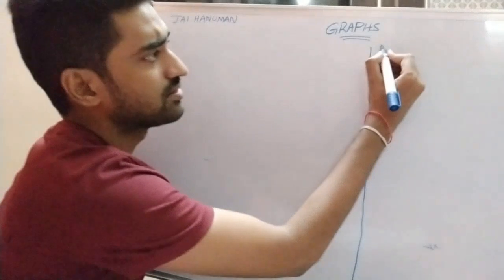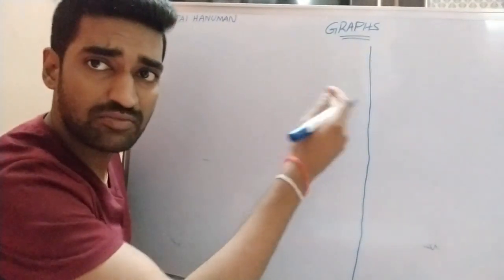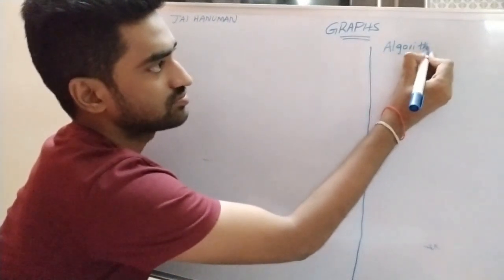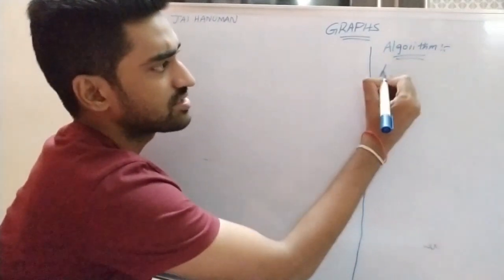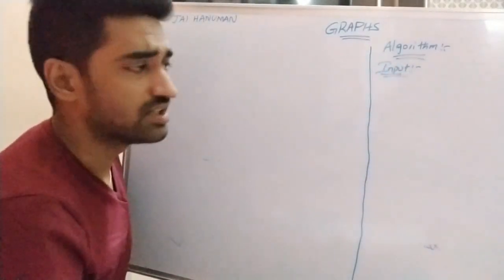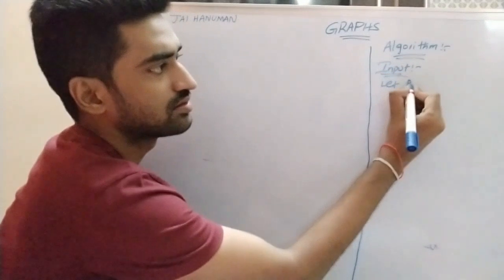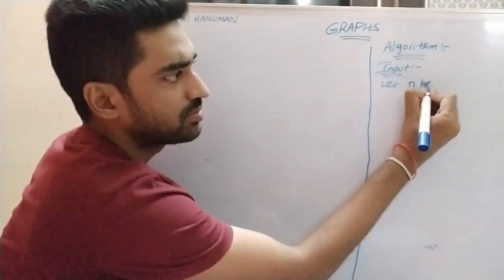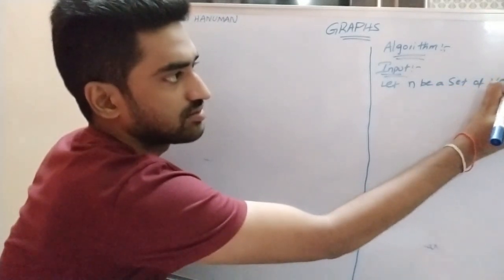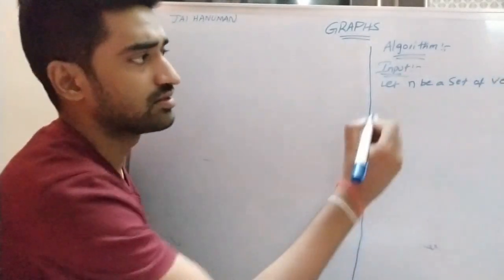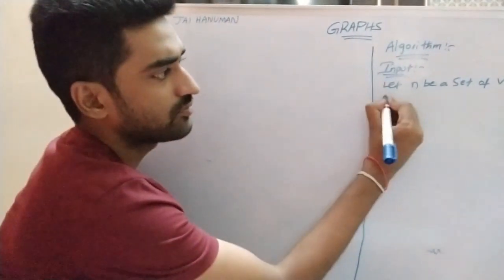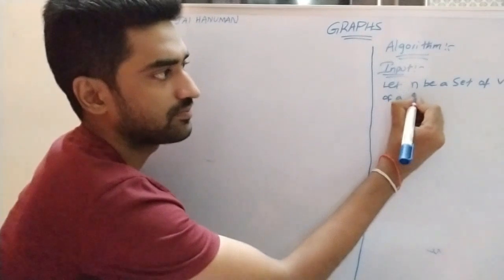For each and every algorithm I compulsorily take 4 major elements. One is input. Let N be a set of vertices of a graph.